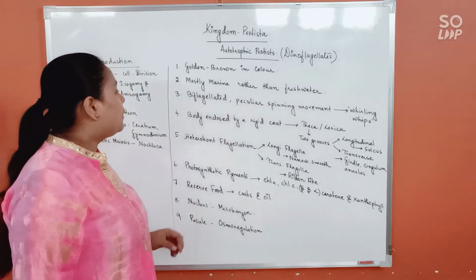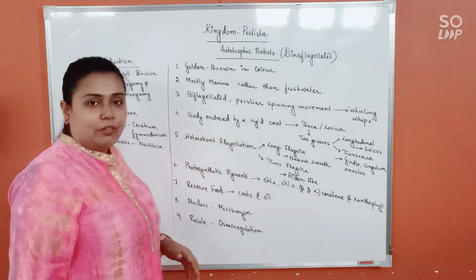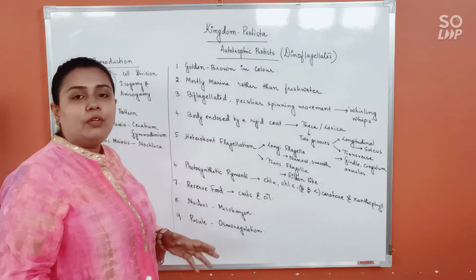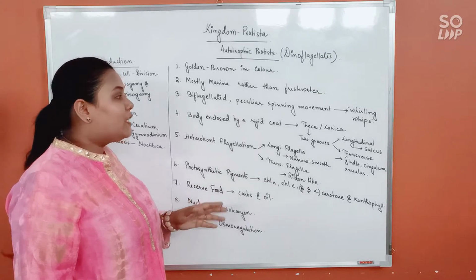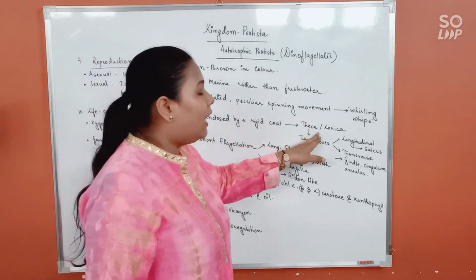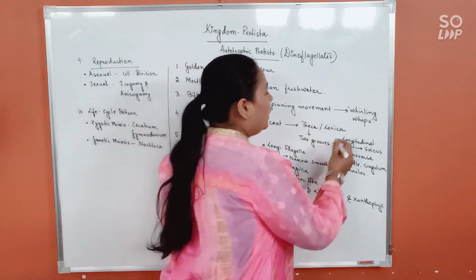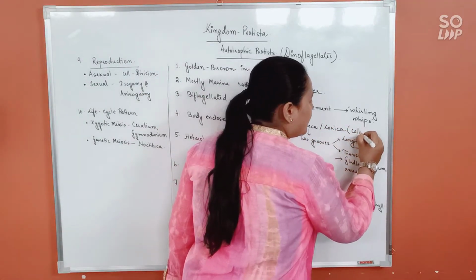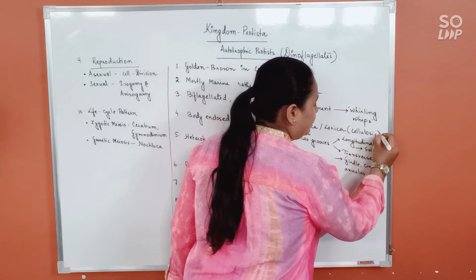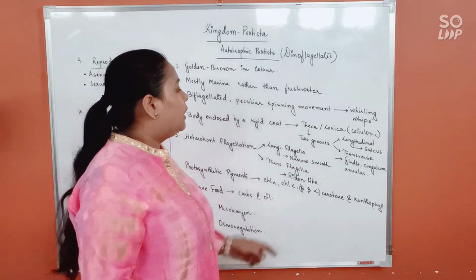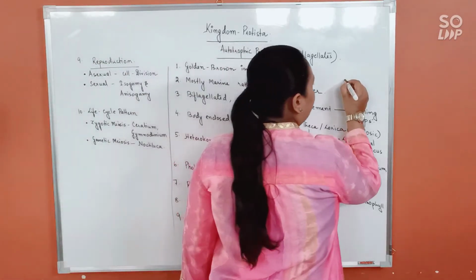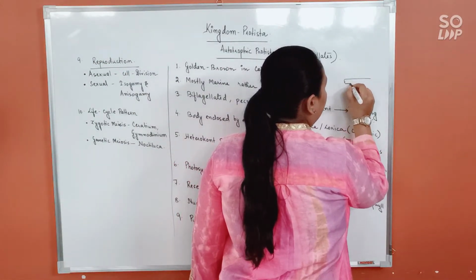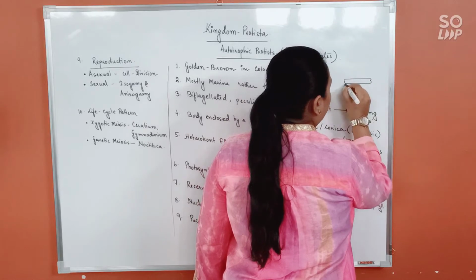The body of the dinoflagellate is surrounded by a rigid covering made up of cellulose, called theca or lorica. Do you remember, theca or lorica is cellulosic. Theca or lorica consists of two grooves like this. Suppose this is the structure of a dinoflagellate.